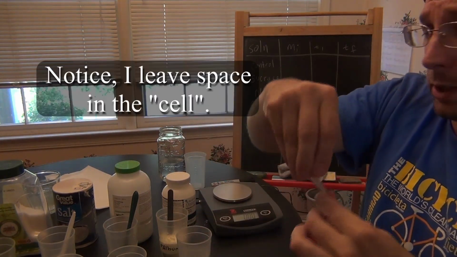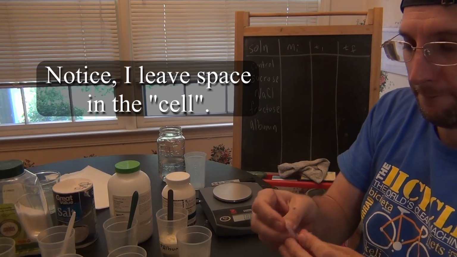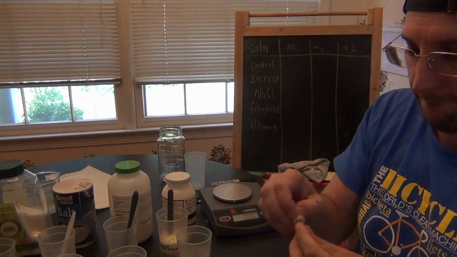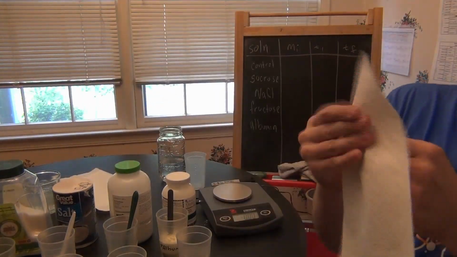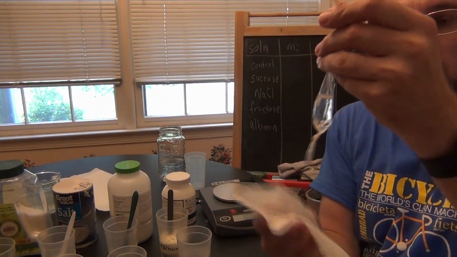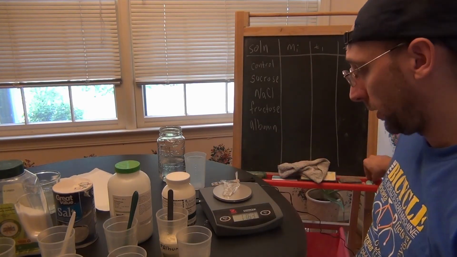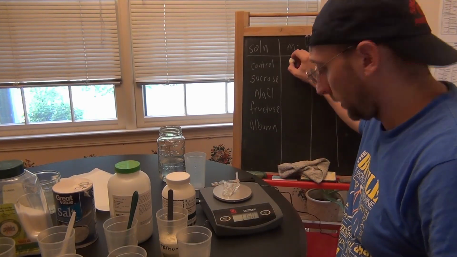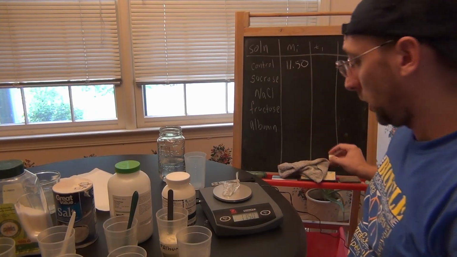I'm going to close the other side. I'm just going to make sure the ends are dry, and I'm going to get the mass of it. The mass is 11.50 grams.